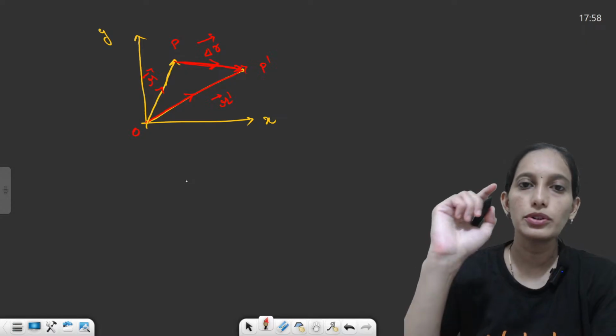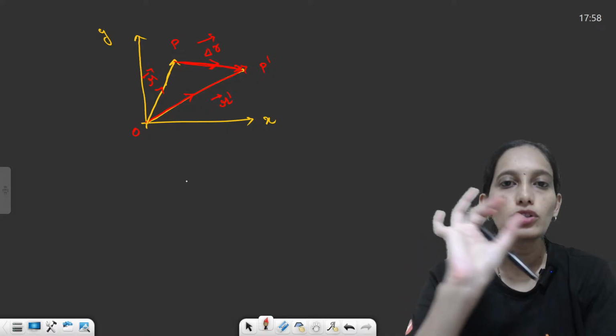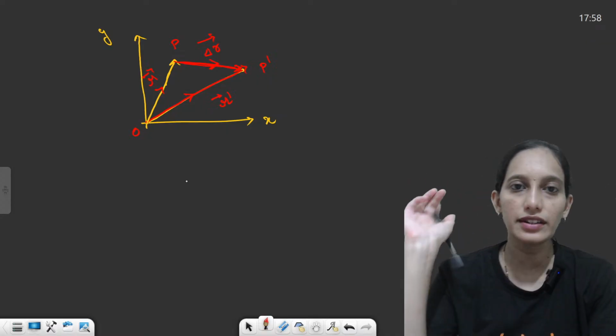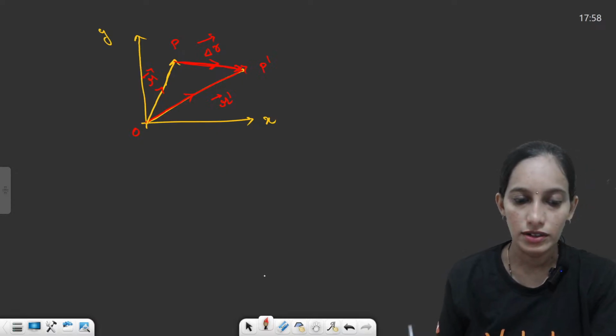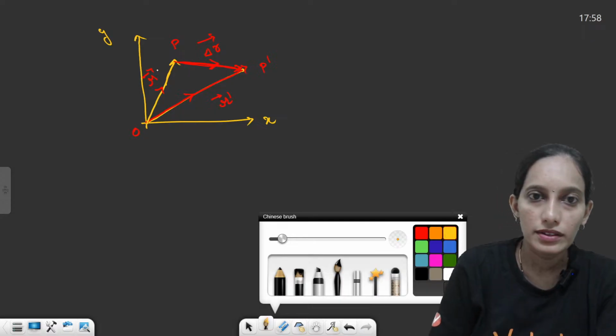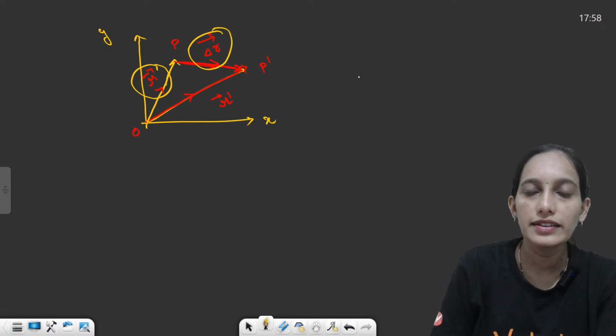So what should we do? You have to observe which two sides of the triangle are in the same order. Their sum is equal to the third side of the triangle taken in the reverse order. Correct? So here, if I observe, I have this r vector plus delta r in the same direction.